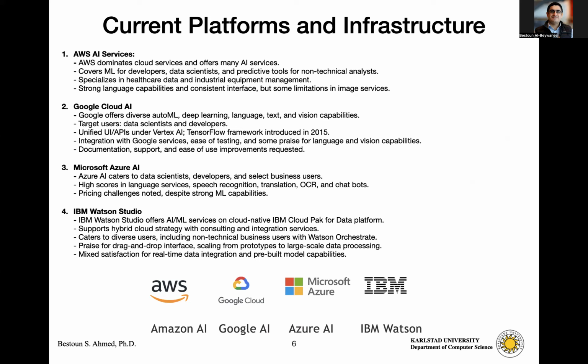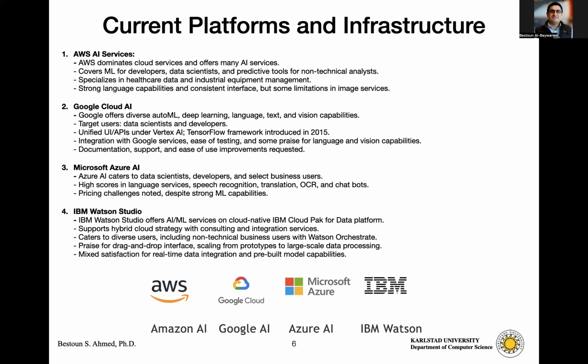Google Cloud is also another technology, and they have a lot of standardized things. AutoML, deep learning, and all these things are available. TensorFlow, for example. Azure, by Microsoft, is also something.